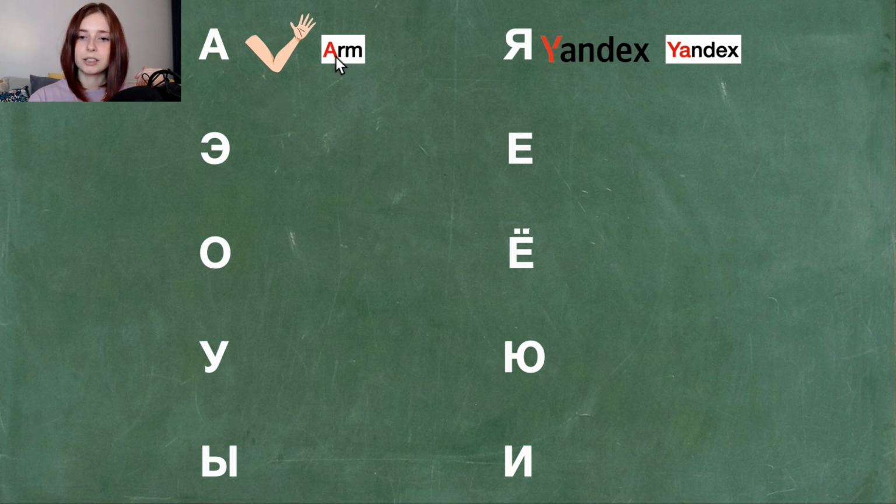This is letter A, like in arm, so this is A, an open sound. And this is Ya, like in Yandex. You know, it's this local browser we have. So we have A and Ya.